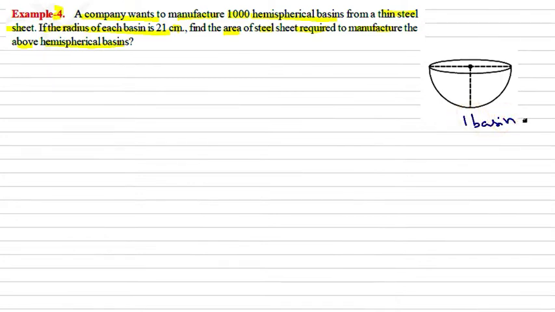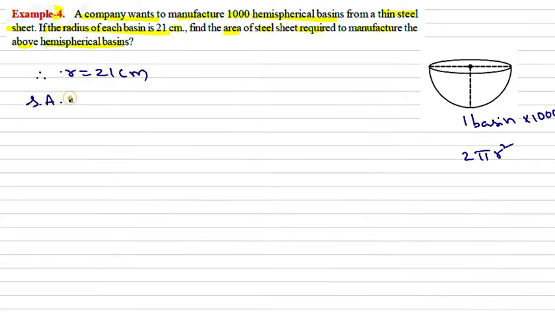Then after getting the answer, we need to multiply with 1000 to get the total sheet required. So to find the surface area of a hemispherical basin, we are using the formula 2 pi r square. Here given radius is equal to 21 centimeters.